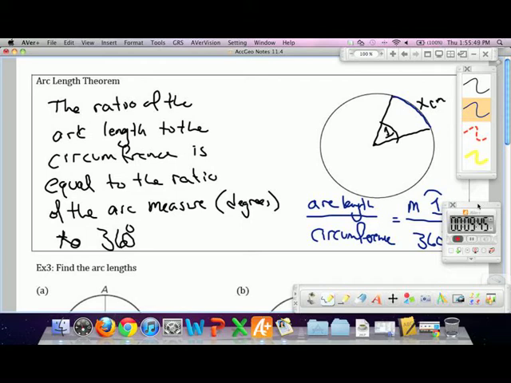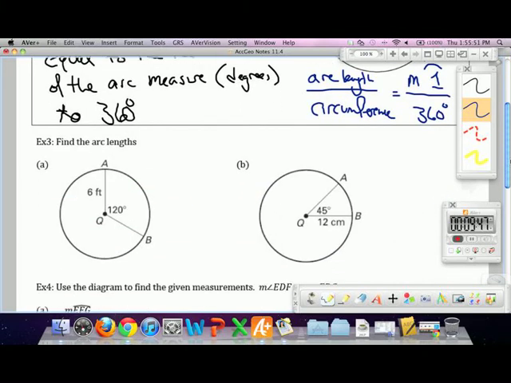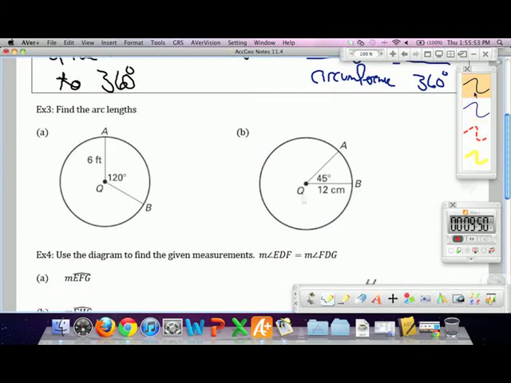So for example, I want you to find the arc length of arc AB. Find this minor arc.